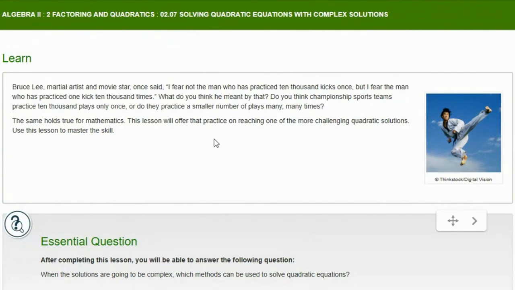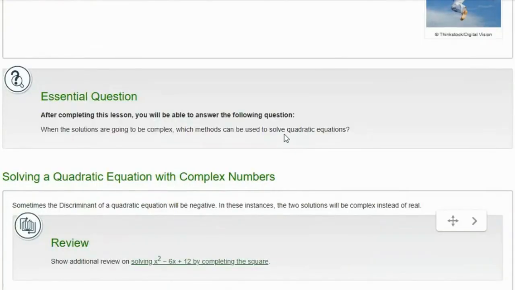They got 10,000 plays in the playbook, and we're going to practice all of them and see which one we use Saturday? Or do they just take like 8 plays and practice them hundreds of times? This is also true for math. This lesson will offer that practice on reaching one of the more challenging quadratic solutions. Use this lesson to master the skill. Practice, practice, practice. That's how you get good at this.